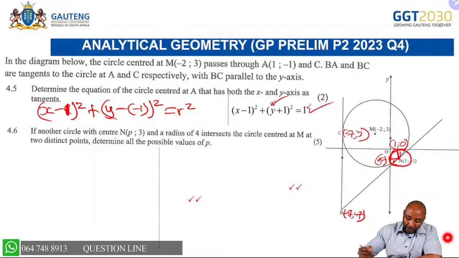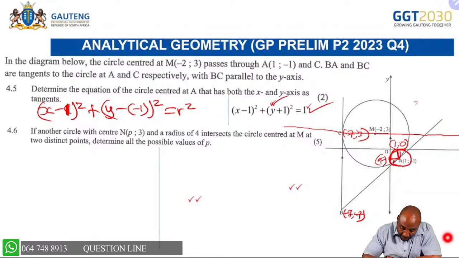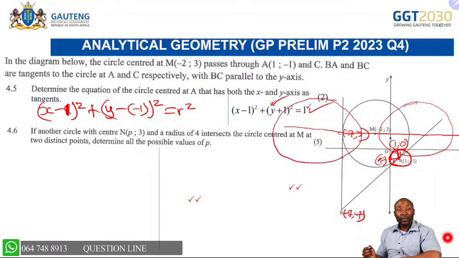Now, remember, it follows that our y value will remain as 3, so we are having a scenario like that, where our circle will be like that, or our circle will be like that. Now, let's check what is going to happen there.